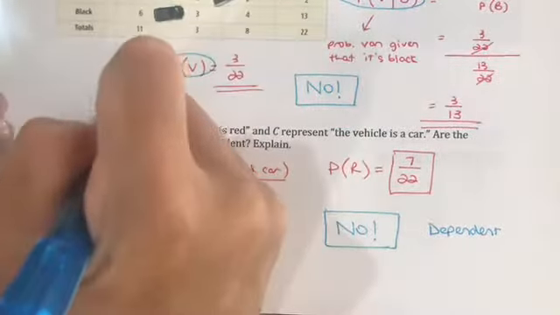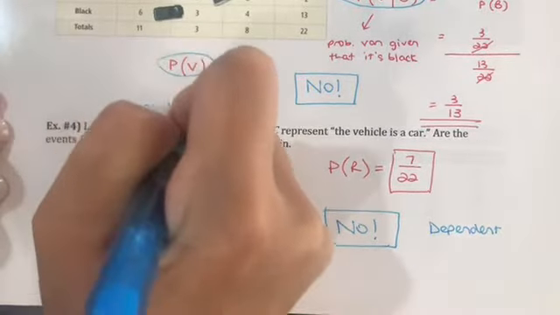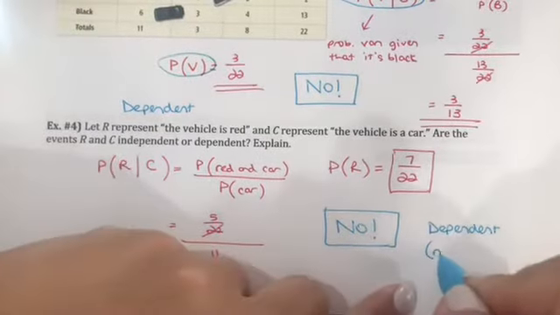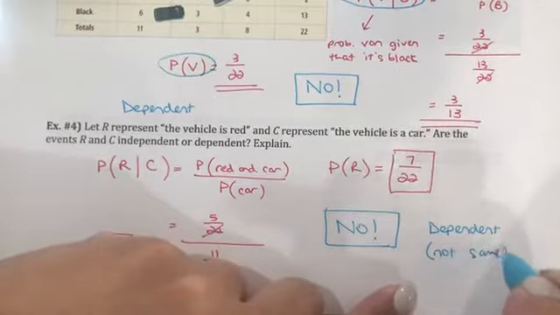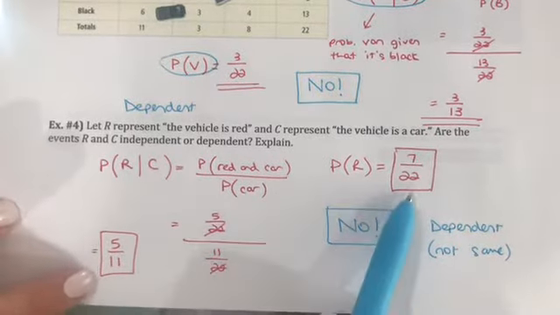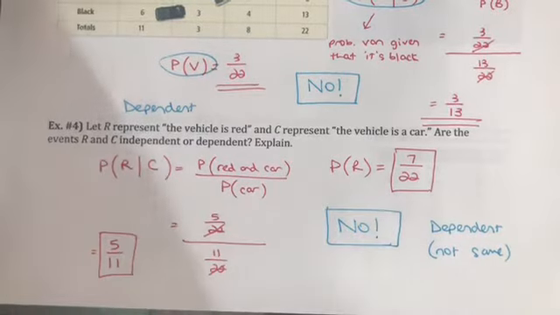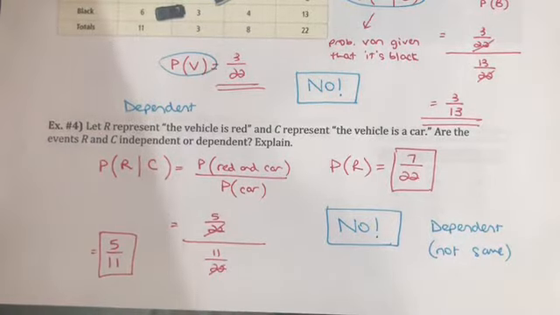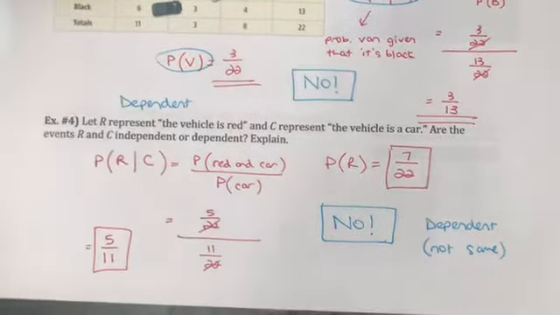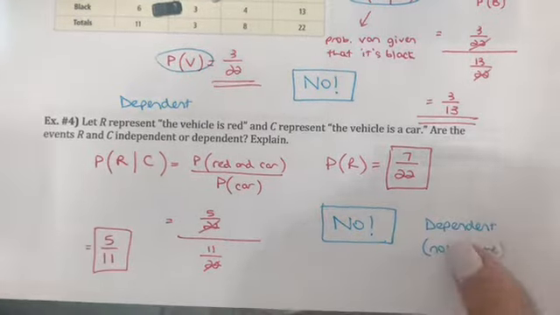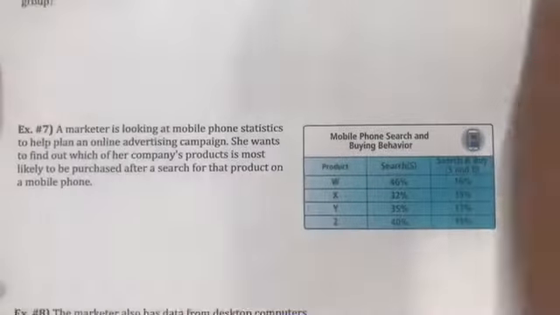If you did get the same probability, that means they would be independent of each other. All right, so let's move on to our last page and see some additional problems.